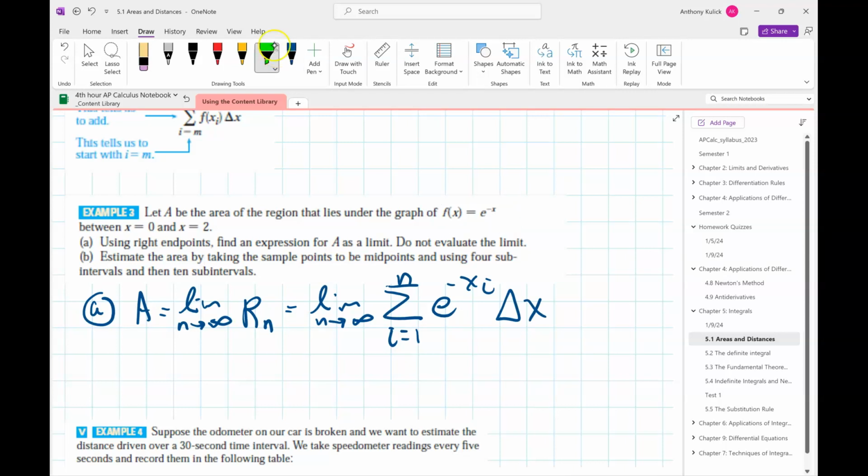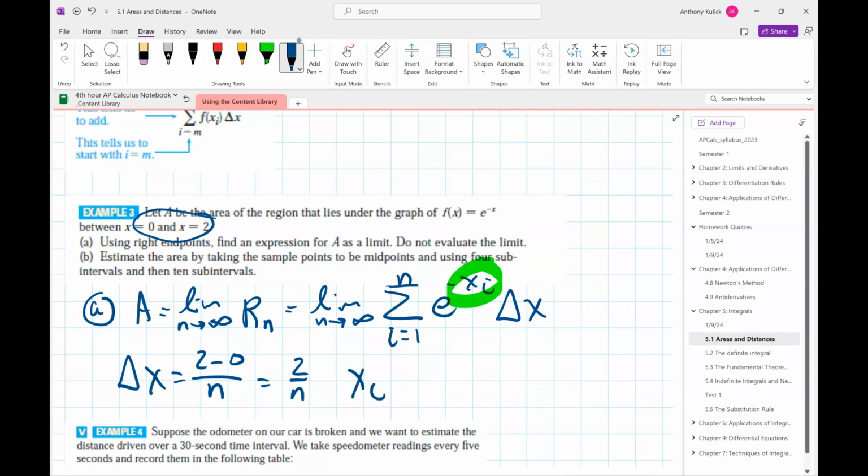Now, I can do a little bit better than this, because I know if we're going from 0 to 2, my delta x is 2 minus 0 over n, or 2 over n. And my xi is going to be a plus i delta x, or 0 plus i times 2 over n.